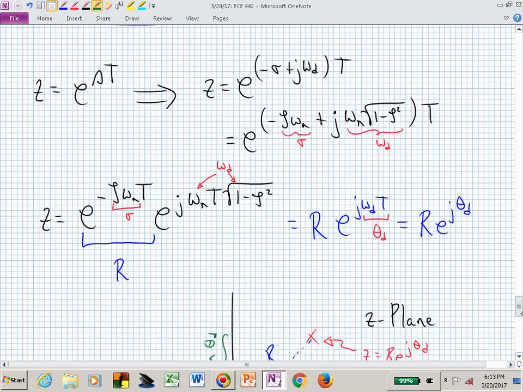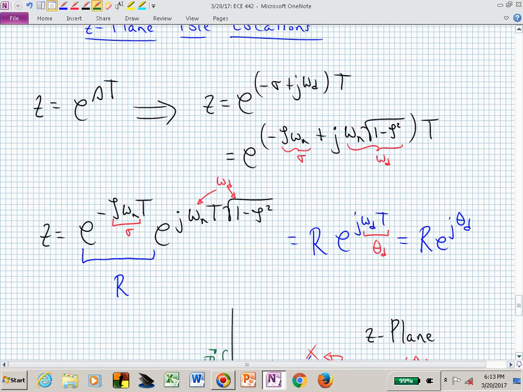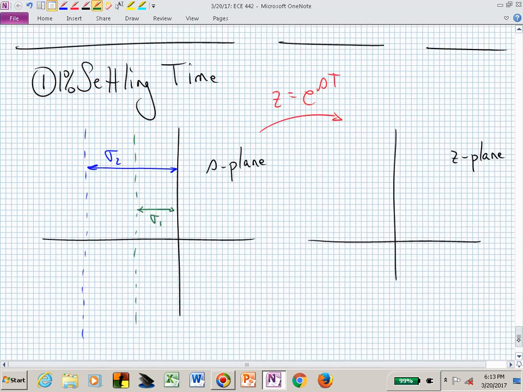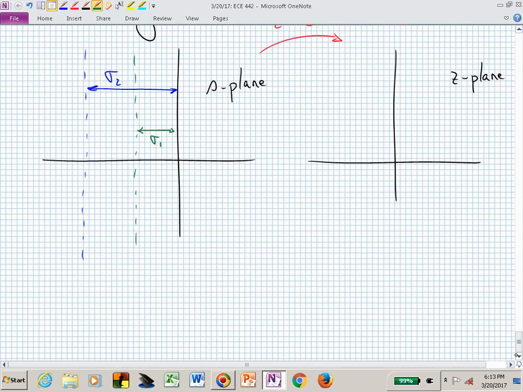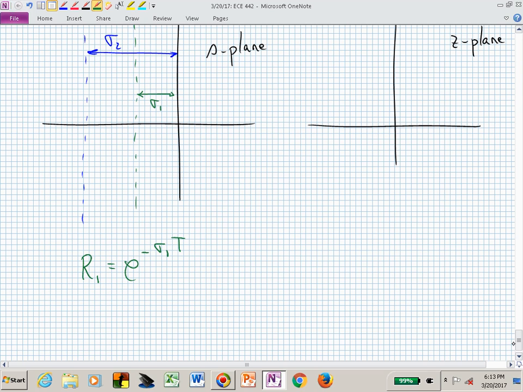Now, how did we connect sigmas and r's before? We have r equals e to the minus sigma t. And we have a green and a blue sigma in this s-domain picture. So I have now one r, let's call it r1 in green, that's e to the minus sigma 1t. And we have a blue r sub 2, e to the minus sigma sub 2t.